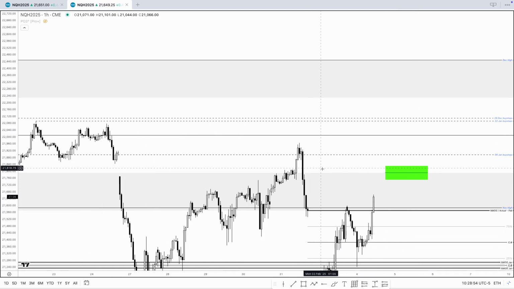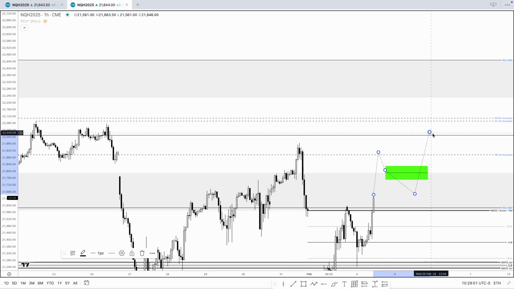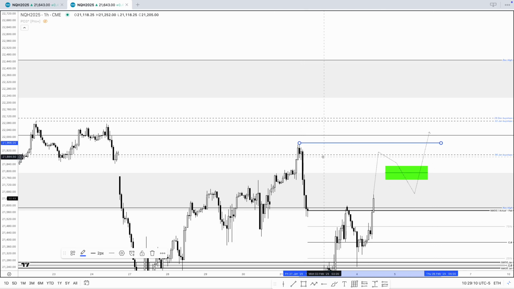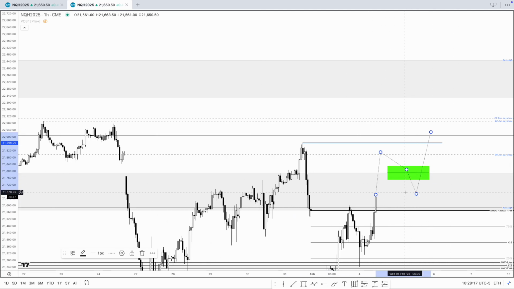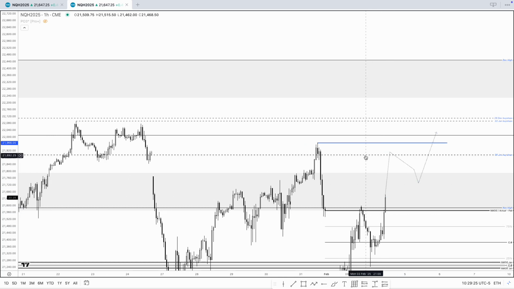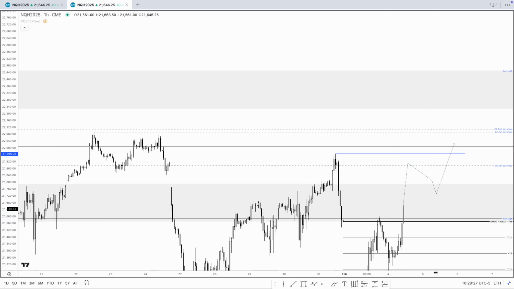Okay, so we want to see if price does something like close above here and targeting again now the 50% and external liquidity here. Okay, so this is how you should use the ranges or quadrants and look for trades based on this.